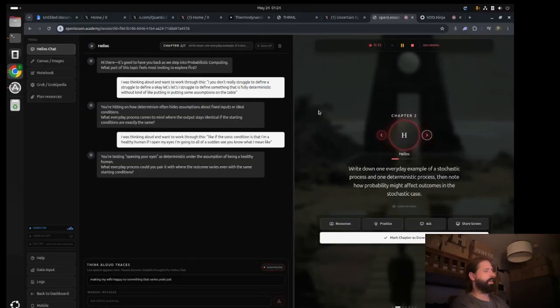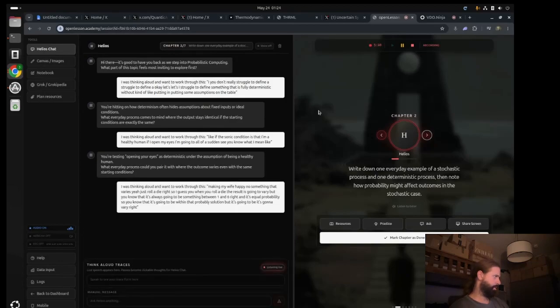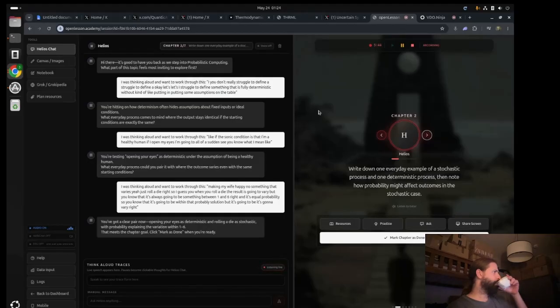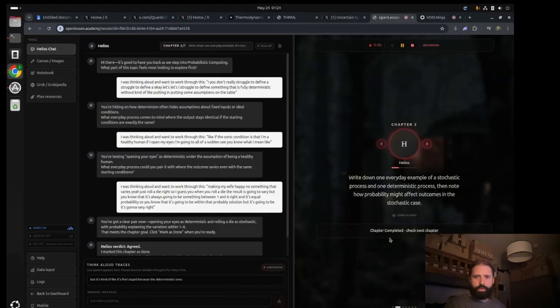Yeah, just roll a die, right? When you roll a die, the result is going to vary, but you know that it's always going to be something between 1 and 6, with equal probability. So you know it's going to be within that probability distribution, but it's going to vary, right? But it feels stupid because the deterministic ones, you know.